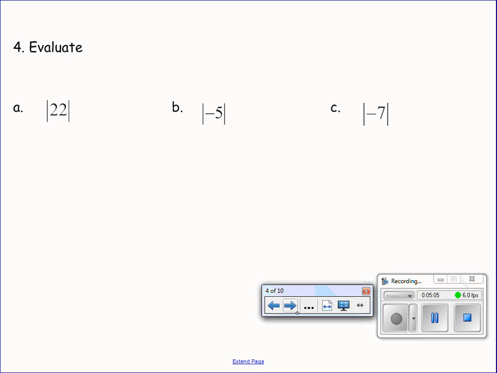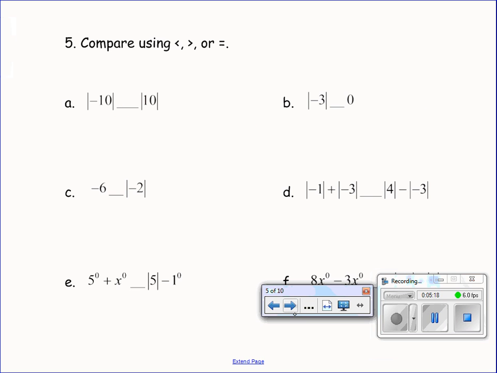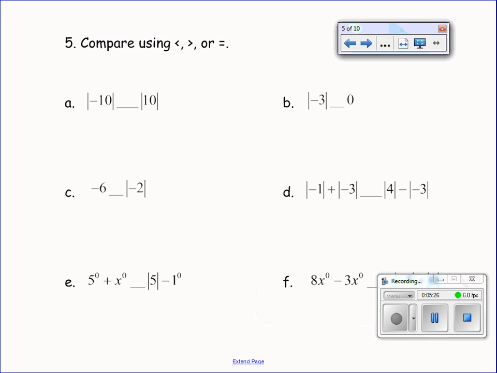So let's evaluate these. I'm going to pause the video and come back and check your work. Notice that in each of these, it's a positive number, the distance from 0 on a number line. Now we're going to compare using less than, greater than, or equal to. Again, I'll pause the video. We'll come back and check our work.